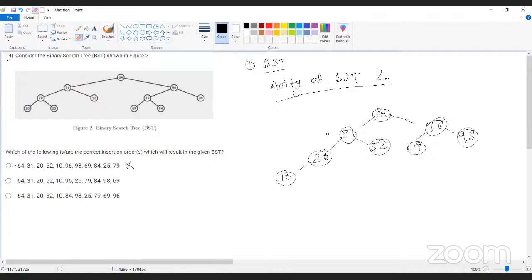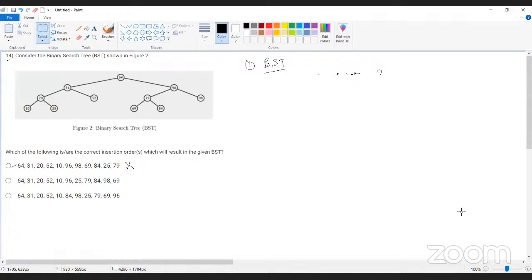Let's see the second option. Let us insert 64. Then 31 is less than 64.